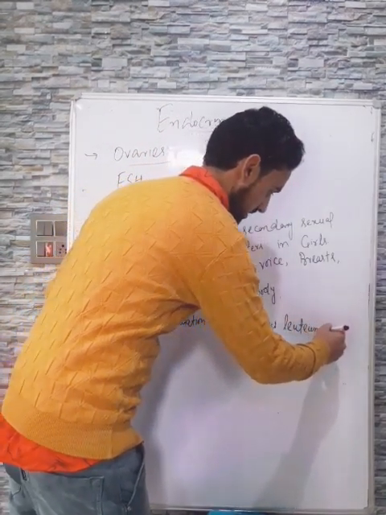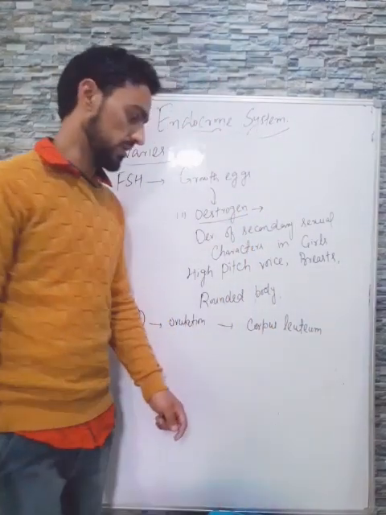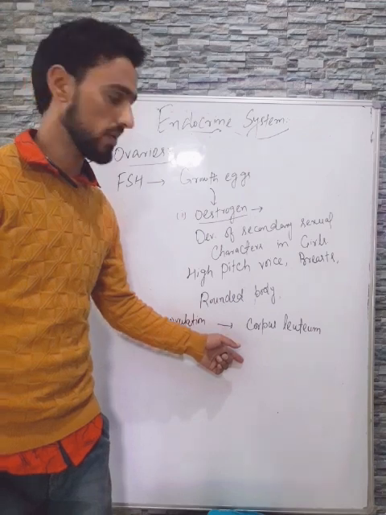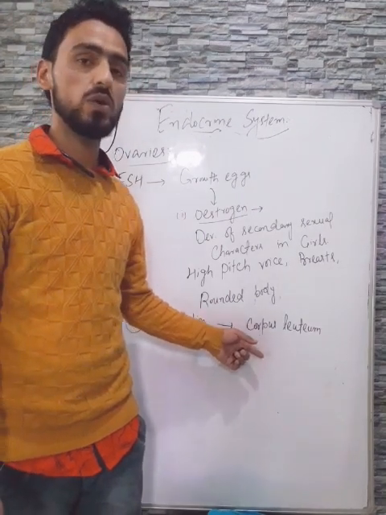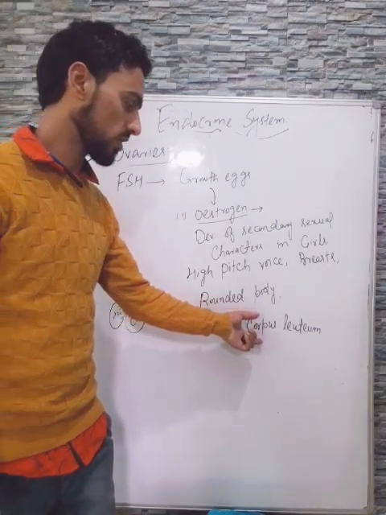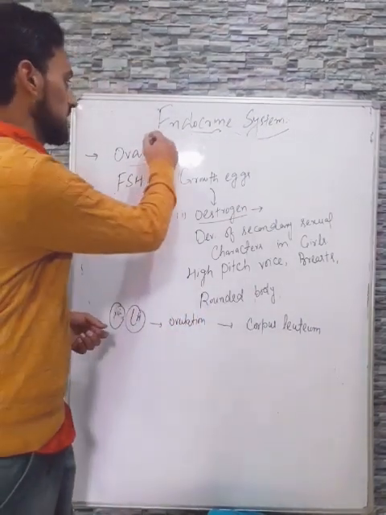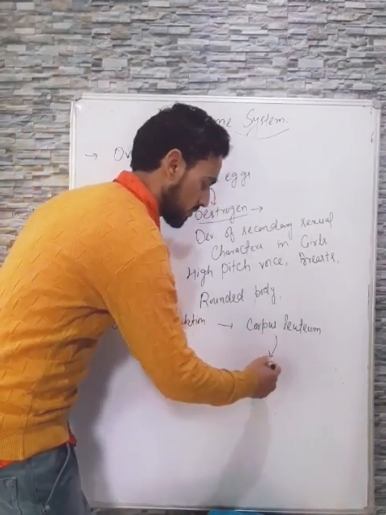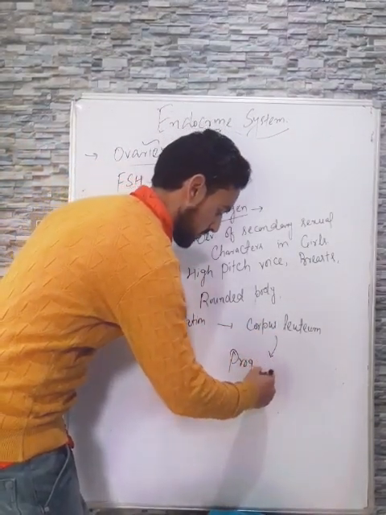This is the structure which remained after the release of the growing egg from the ovary into the fallopian tube. The corpus luteum is now present inside the ovaries, and it secretes another type of hormone known as progesterone.